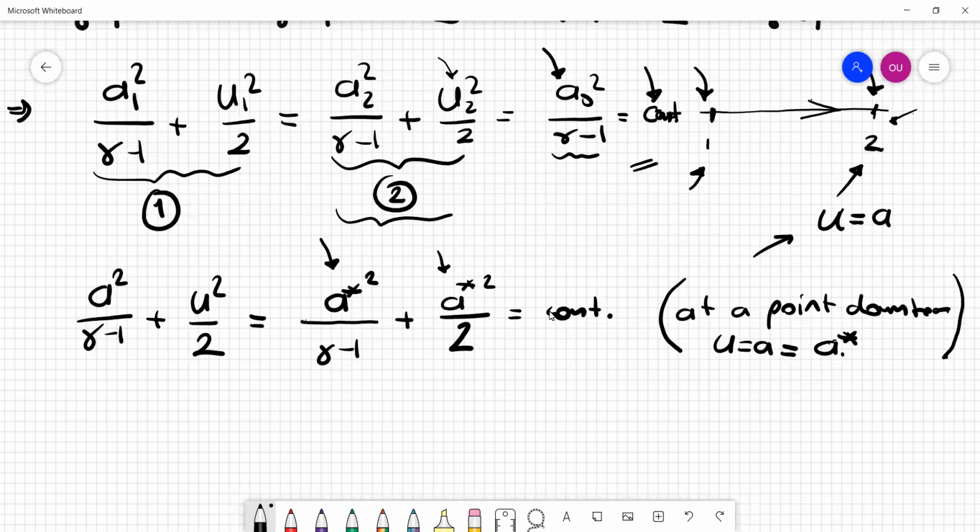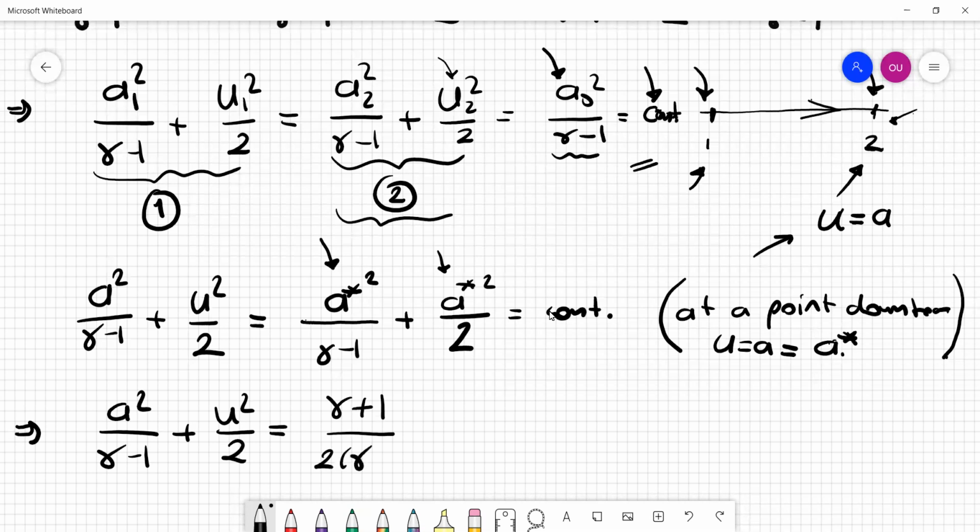Of course, under this condition, I can rearrange this equation a little bit. So I can write a square over gamma minus 1 plus u square over 2. Now I can take a star square parentheses. This one becomes equal to gamma plus 1 divided by 2 times gamma minus 1 a star square.